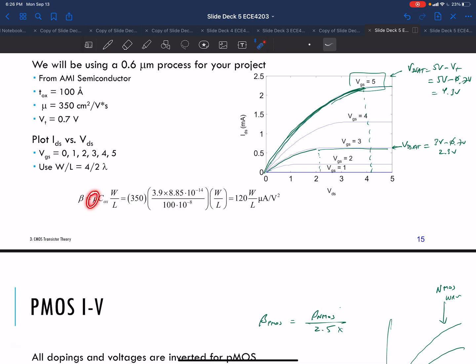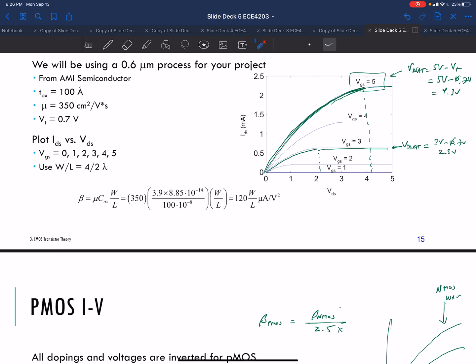You don't have any control over the mobility or COX. The length in a digital process, you'd like to keep it minimum, because as you increase the length, the only thing you're doing is slowing yourself down and increasing your area. There's really not much benefit for a digital device. So you can basically play with the W. So the width of a PMOS to have the same current as an NMOS typically needs to be about 2 or 3 times bigger than the width of an NMOS to give it the same current at the same voltage, etc.